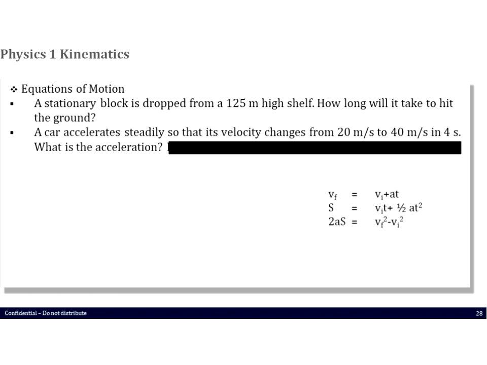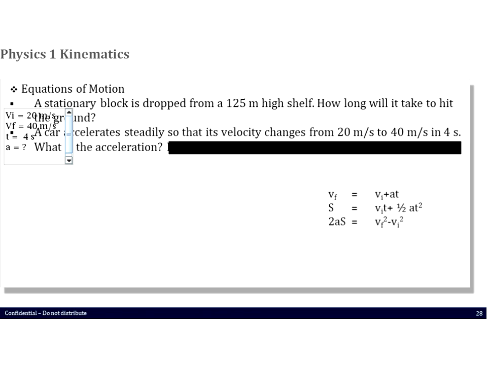So Vf is equal to 40 meters per second, and in 4 seconds, so time is equal to 4 seconds. Now you can see how easily we can understand the scope. Just imagine yourself as an observer watching all this happening, and it will make perfect sense to you. And we need to find out acceleration.